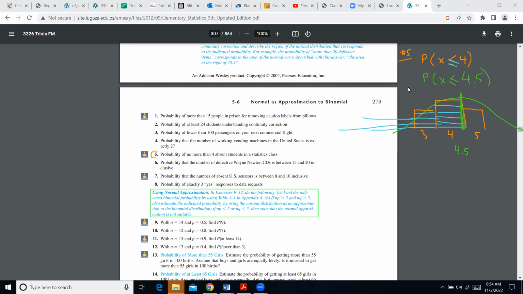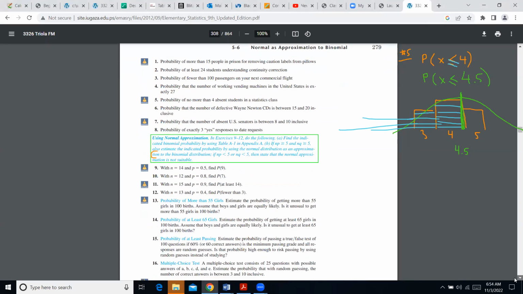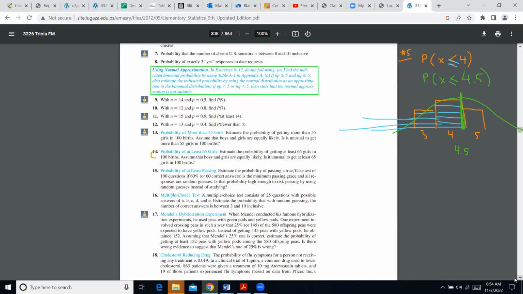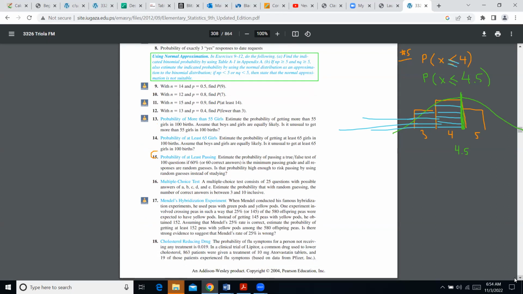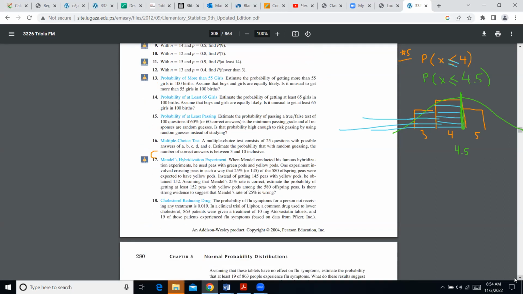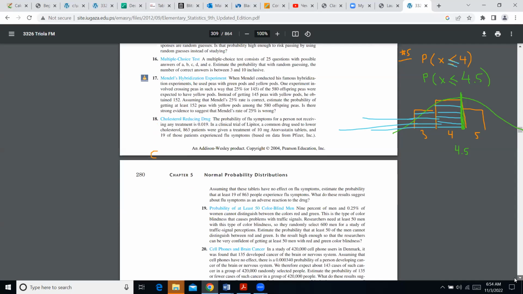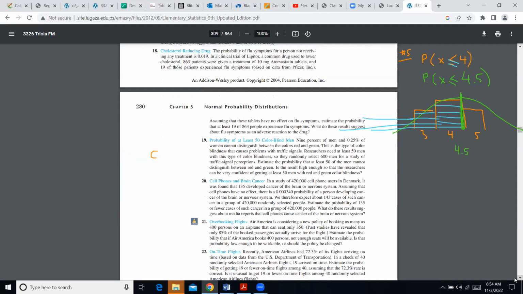And this has a lot of use in practice. So let me pick a problem that may be good to see how we use this in a real life situation. So I'm just looking at the exercises. Let's say 21.